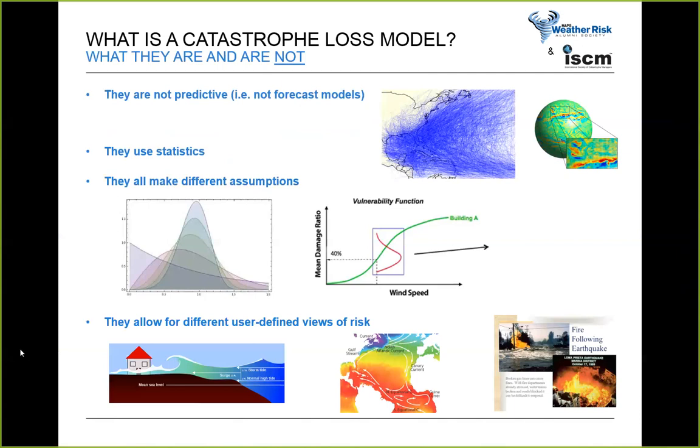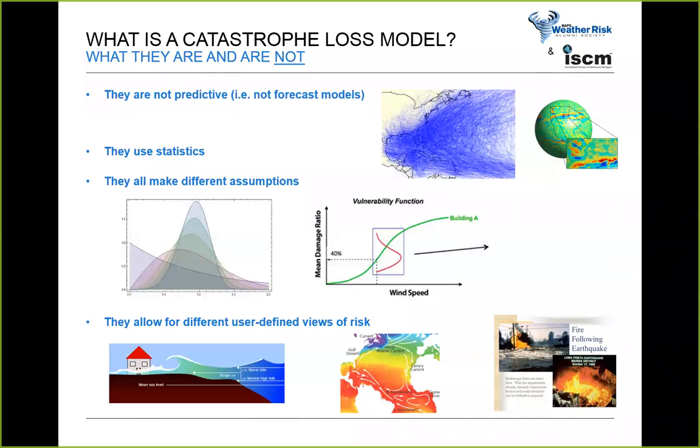to what might happen. Lastly, cat loss models now allow for user-defined views of risk. This used to be different in the past. The models used to be more rigid and set up by the modeling companies. You would put in your data, run the model, and you would get one answer out based on the data that you input. That has changed today. There are a lot more knobs and buttons within the catastrophe risk models that allow users for different defined views of risk.